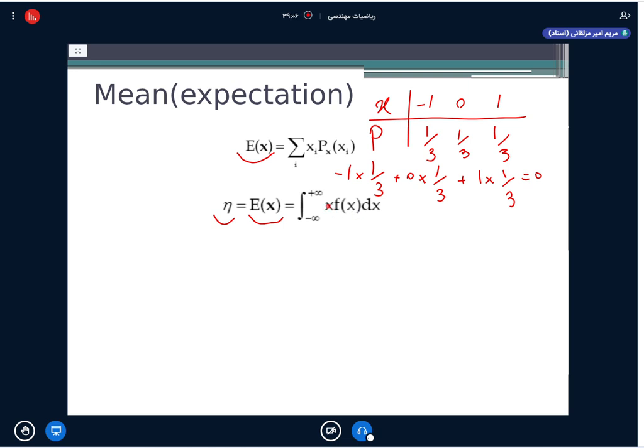So we should multiply x by f_X, where f_X means the PDF of x, and we should integrate from negative infinity to positive infinity to compute the mean of a random variable.